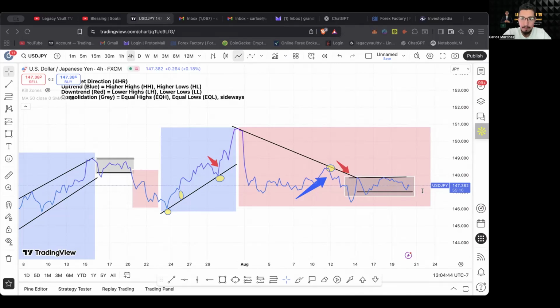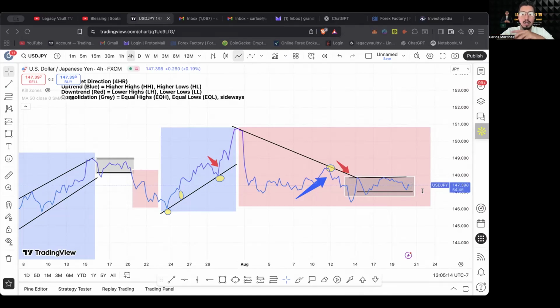This can also help with your risk management. Knowing whether the market is trending or ranging avoids entering against momentum, and it prevents trade losses.